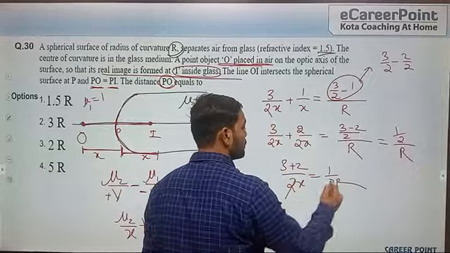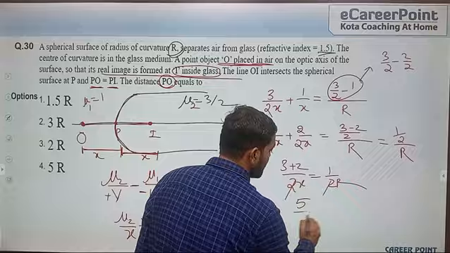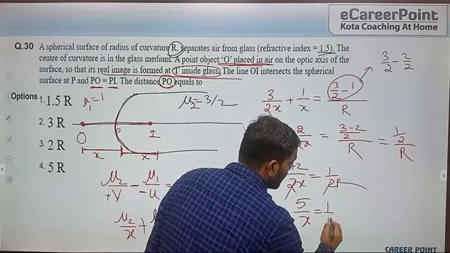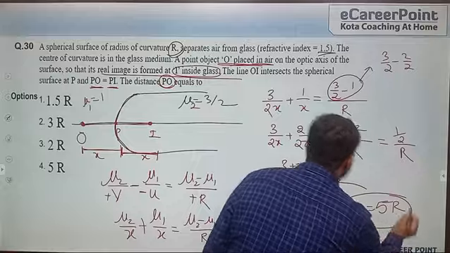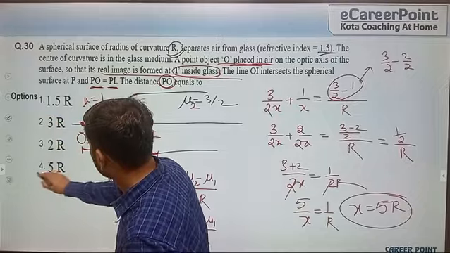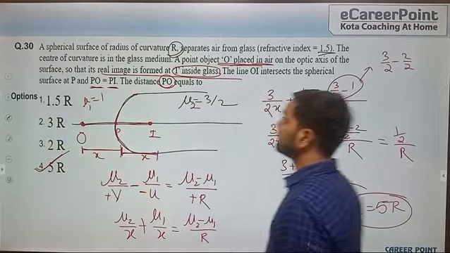The 2 will get cancelled out. So 5 by x is equal to 1 by R. X is equal to 5R. So here we have 5R. Next question we'll see.